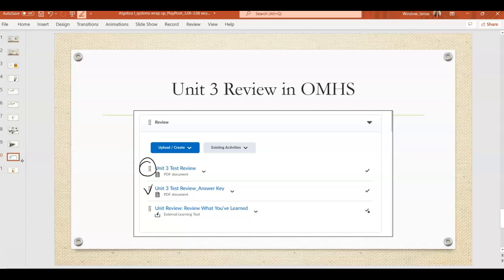Pull up the quiz that you took for the first lesson in Unit 3, and just look over it. Click review, and if you're like, okay, I totally remember this, I think I'm good to go on that, or maybe you want to review some from that lesson. You can click the back arrow and go to the practice problems in that very lesson. Do that for each of the lessons. That's what this review what you've learned prompt is for. Do that for each of the lessons in Unit 3, and then do the Unit 3 review, and then check your answers, and then, of course, reach out with any questions. This will hopefully better prepare you to review what you've learned in the whole unit.